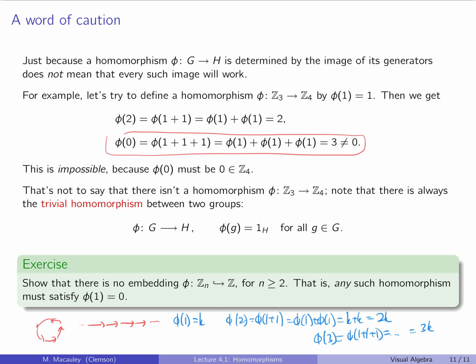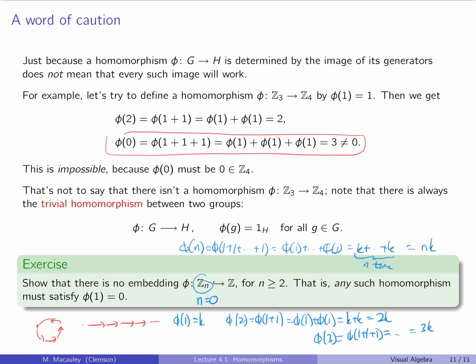But at some point, we get to n. Remember, in the domain, n is equal to 0. So phi of n is phi of 1 plus 1 plus 1, which is phi of 1 plus phi of 1, n times, which is n times k.